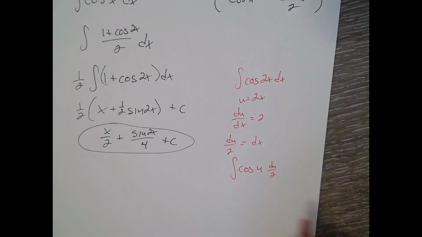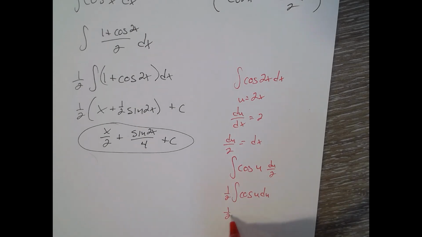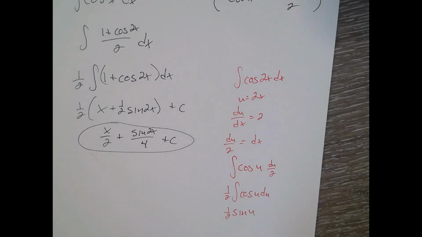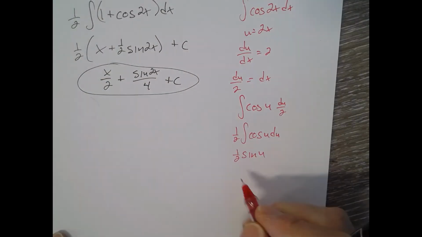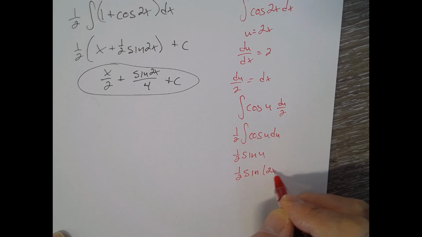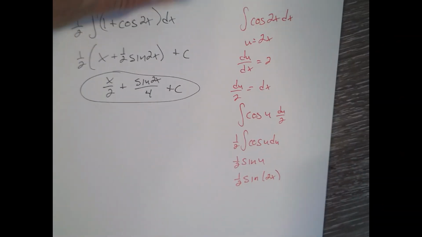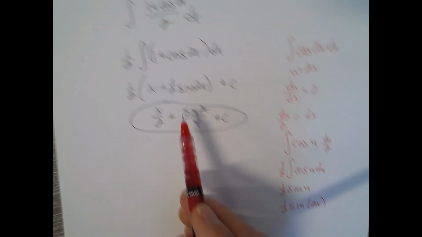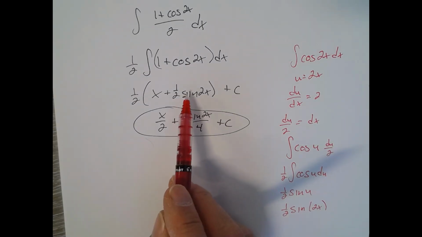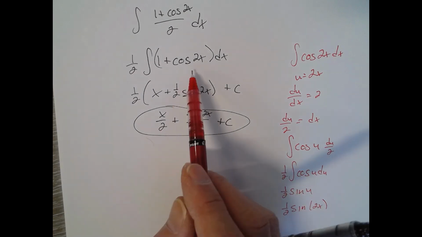So there's our dividing by 2. So it's the integral of cosine u, which is sine u, and u is 2x. Alright, so that's how we got 1/2 sine of 2x, kind of using the u substitution algorithm. But if you want to do that in your head, that's just fine too.